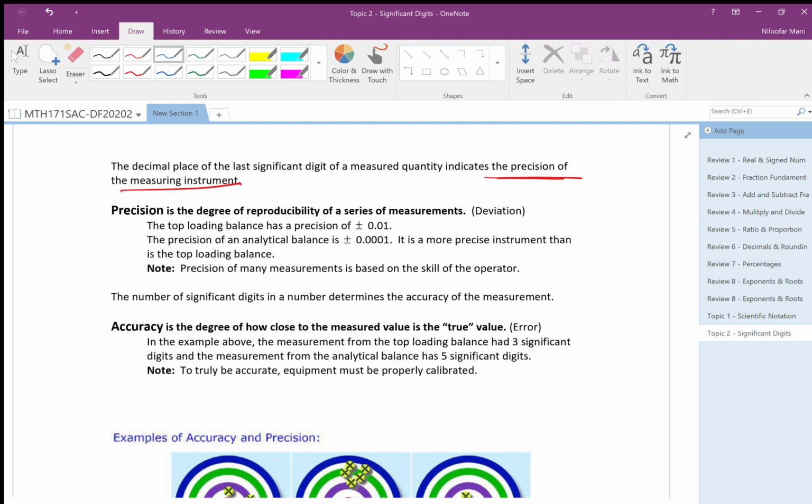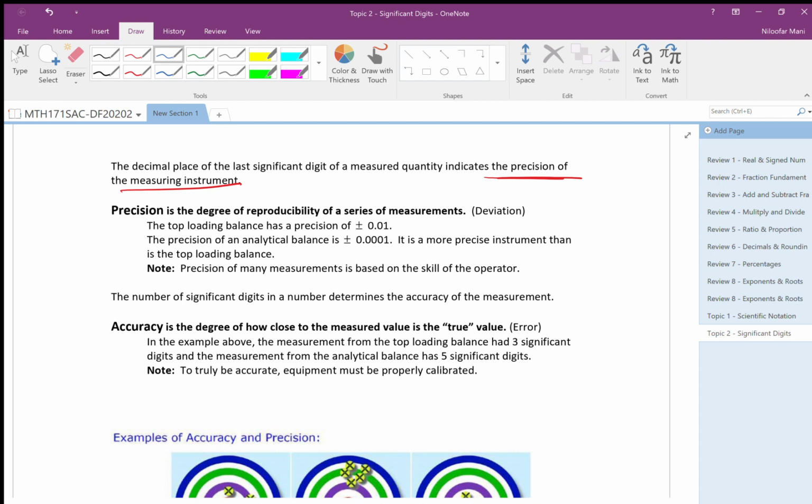If you measure several times and the measured values are close to each other, you can say that your measurement is precise. Precision shows how close the measured values are to each other.